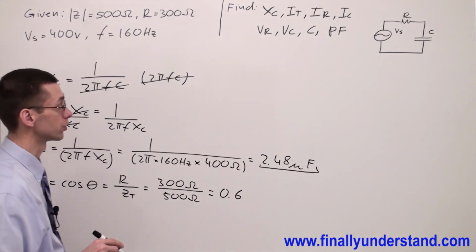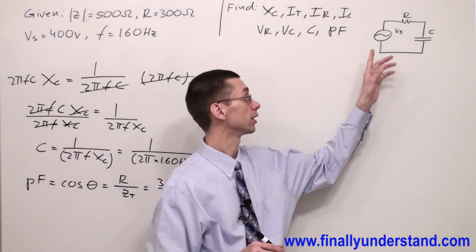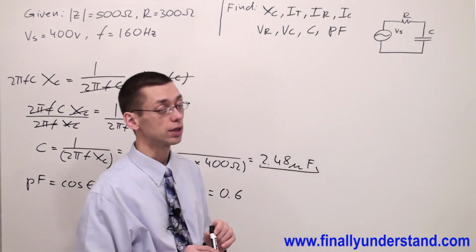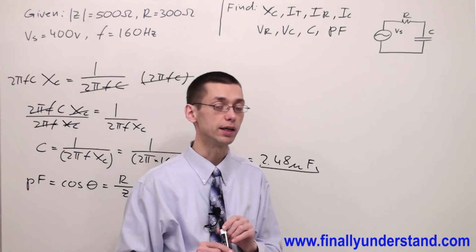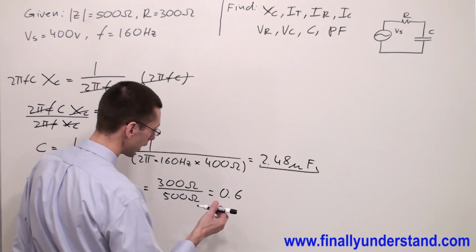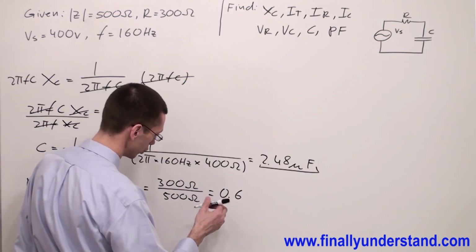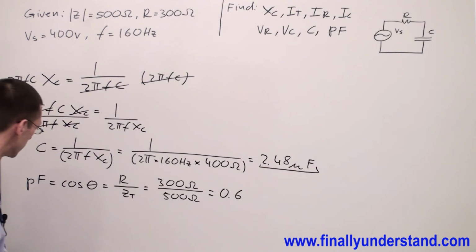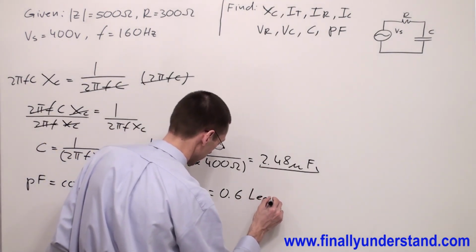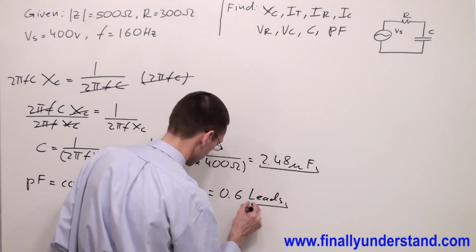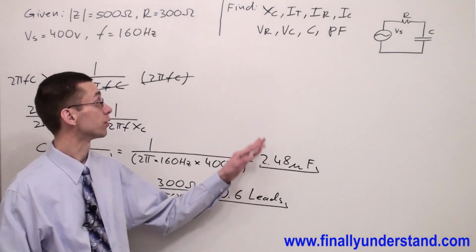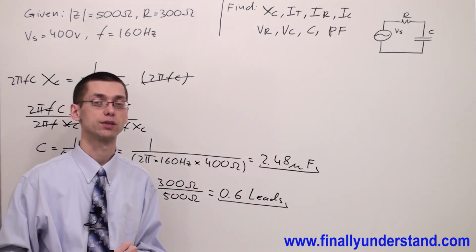Now, because we talk about the series RC circuit, you're supposed to realize that the total current is going to lead the voltage. That's why anytime total current leads the voltage source, you're supposed to write next to the value of power factor, leads. Okay, so this is the value of my power factor. We found the capacitance, we found all currents and voltages, so we can say that the problem is solved.